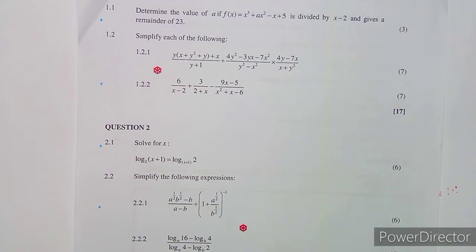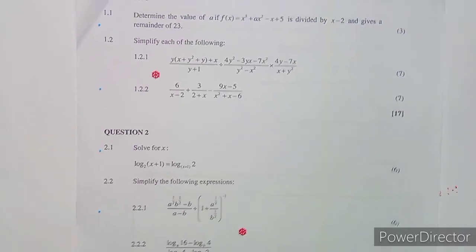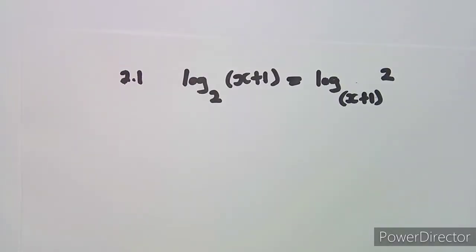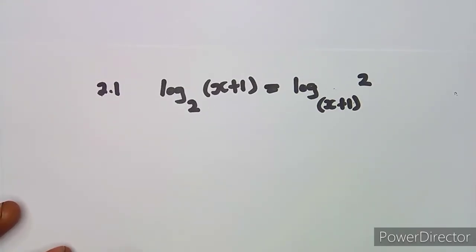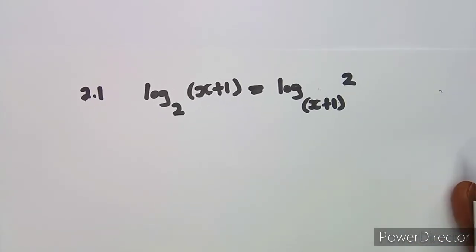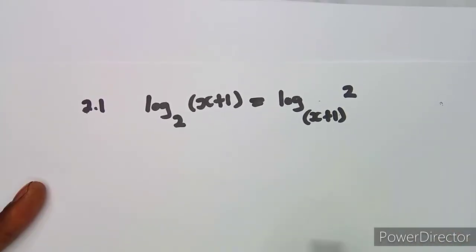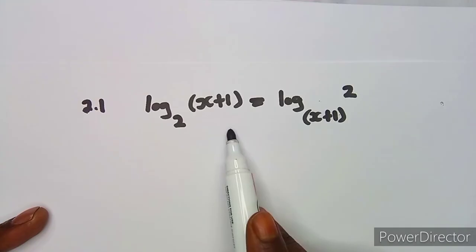All right, then we are given the log to solve. Log x plus 1 in base 2, which is equal to log 2 in base of x plus 1. So how are we going to go about it here? Okay, let's see what we can do, because actually this part we can see that these bases are not the same.